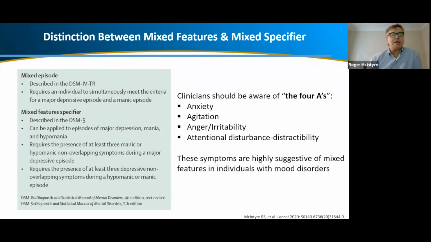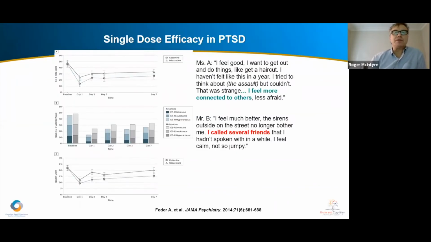I don't think we know exactly how to disambiguate mixed features from anxious features, but what we do know is that over-arousal or hyperarousal and/or disturbance in negative valence systems is a significant unmet need in this field, and these patients don't respond as well to monoamine-based treatments.